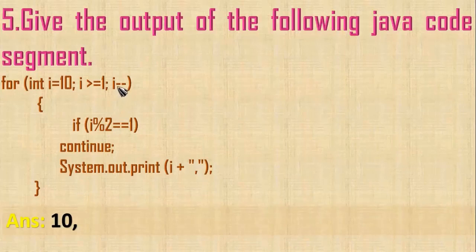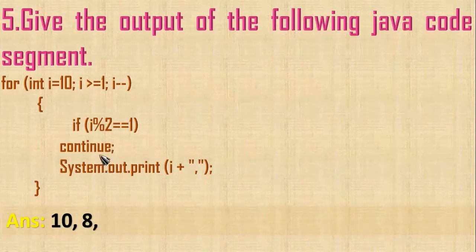Now 1 is decreased, it becomes 9. So 9 mod 2, it is true. So when it is true, it will not go to this statement, it will just continue to the loop. So 9 will not get printed. Now it becomes 8. So 8 will be printed there.